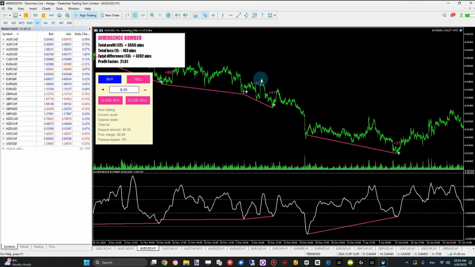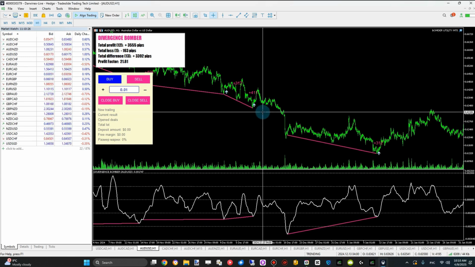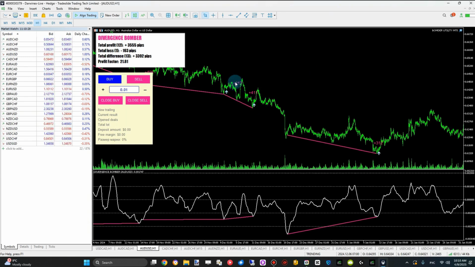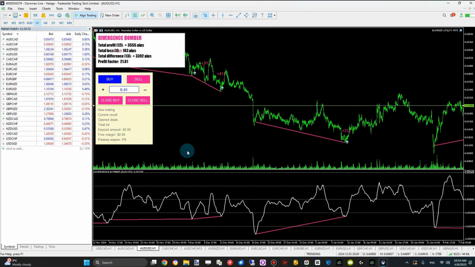But we open trades manually, independently, based on the indicator signals. The utility picks them up and closes them automatically, or they will close by a stop loss order. Suppose if they hadn't closed here, they would have closed here by a stop loss order somewhere. For example, this level would be here.